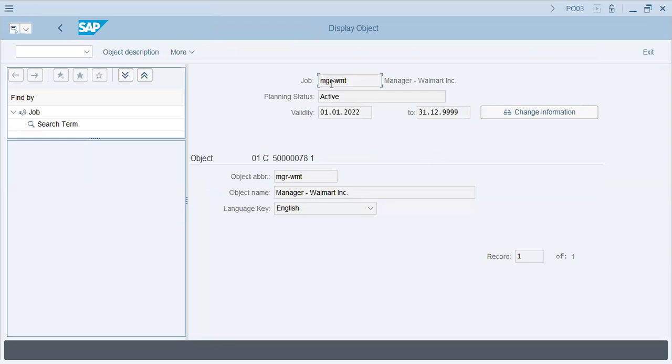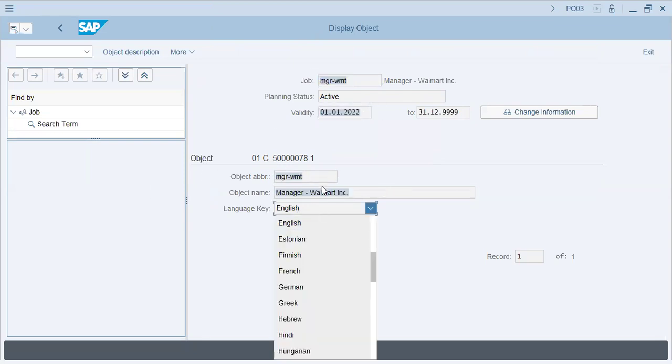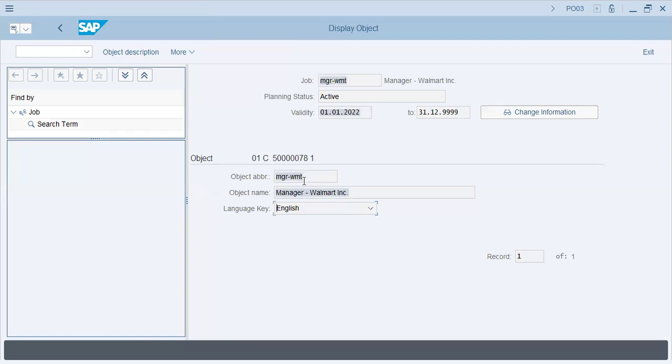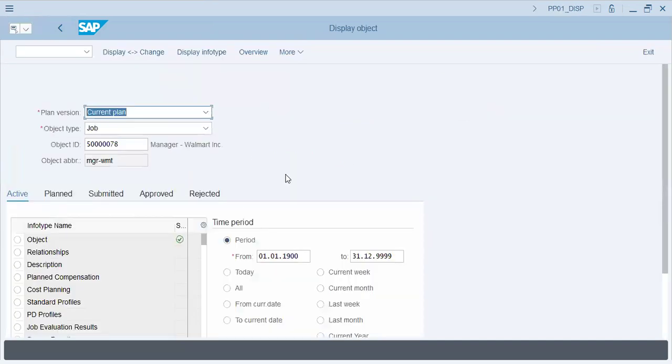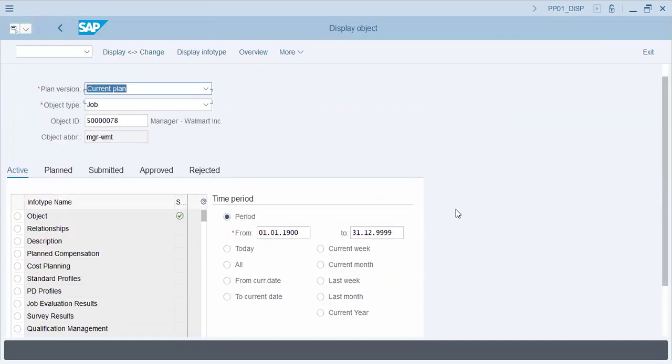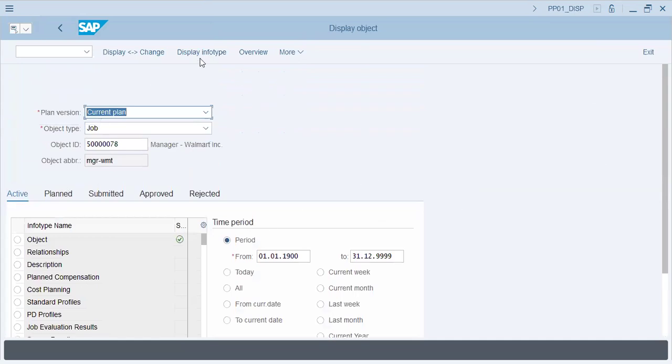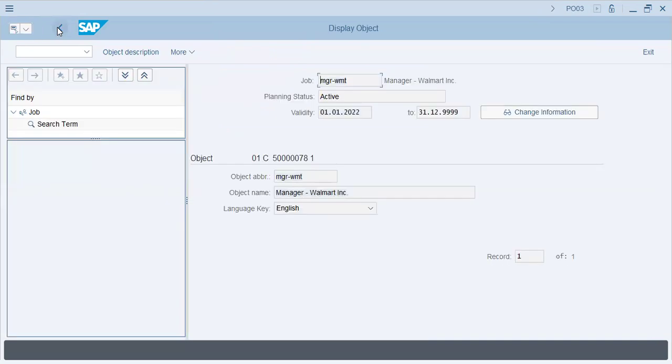Okay, now this basically is explaining 01C. This is the number of that job, manager Walmart. Okay, and it is explaining what this will be. Object description. Object description is not there, so we'll just go back.